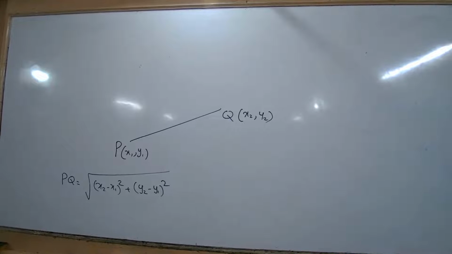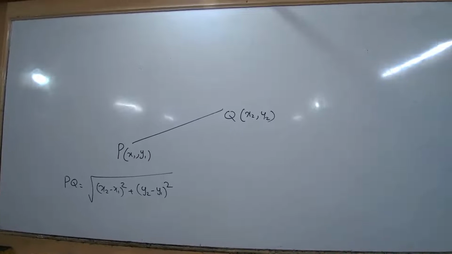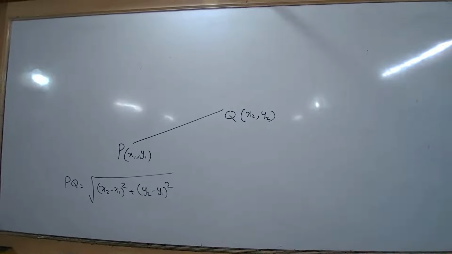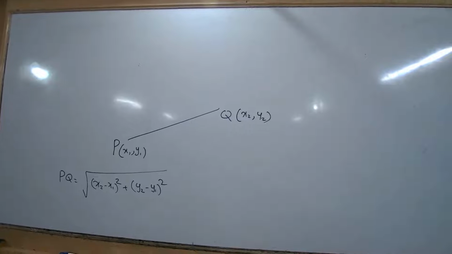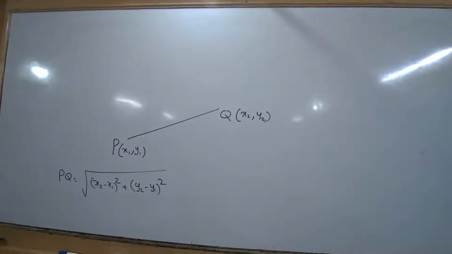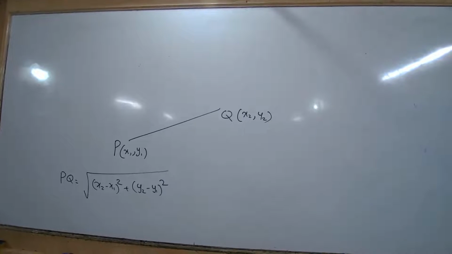Any point is of the form x comma y. Giving pen is not with the mouse, with the hand only, okay? Alright. So, all of you know any point is of the form x comma y.